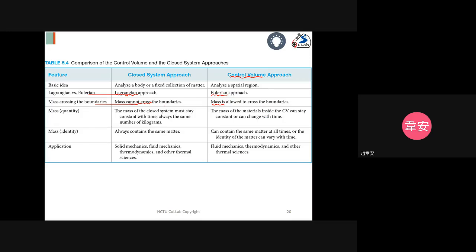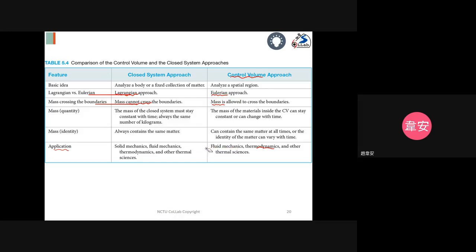The applications are quite similar. You can apply the closed system to solid mechanics, fluid mechanics, and thermodynamics, while the control volume usually isn't applied to solid mechanics, but can be applied to fluid mechanics, thermodynamics, and other thermal sciences.